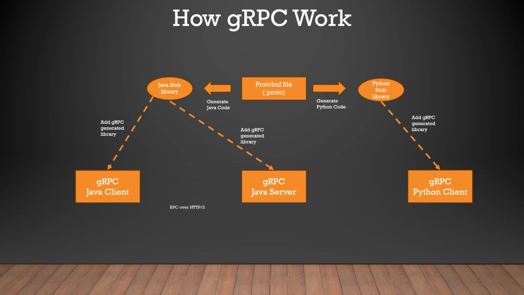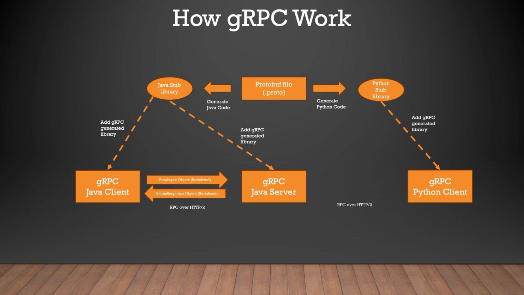Next, the Java client will do an RPC call over HTTP2. It will serialize the employee object and send it to the Java server. The Java server will process it and create a status response object, serialize it and send it to the Java client. The Java client will deserialize it, create the object and consume it.